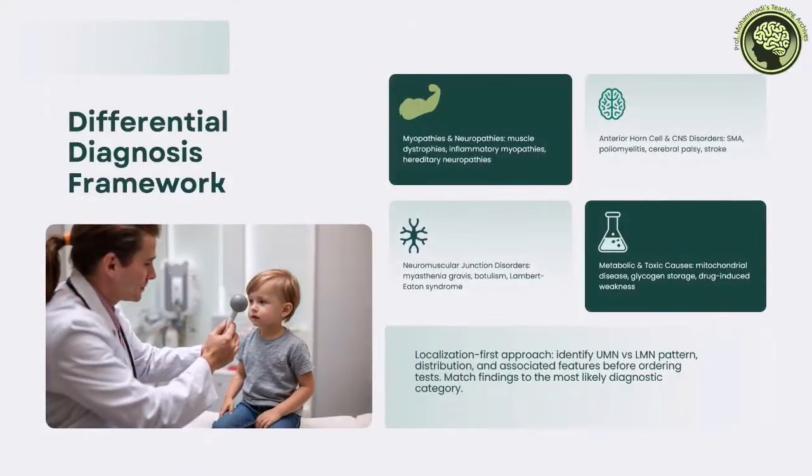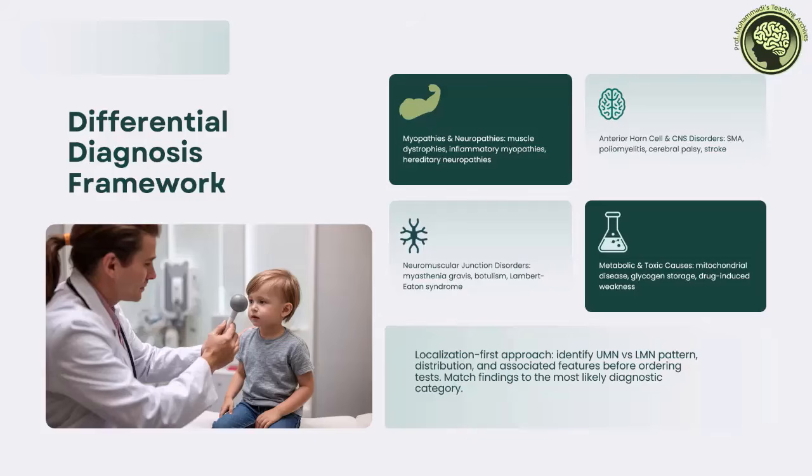The differential diagnosis is most effectively organized using a localization-first approach. Myopathies often produce symmetric proximal weakness with sensation usually preserved. Neuropathies commonly cause distal weakness, reduced reflexes, and sometimes sensory abnormalities. Anterior horn cell disorders may produce weakness, hypotonia, fasciculations, and areflexia without sensory loss.